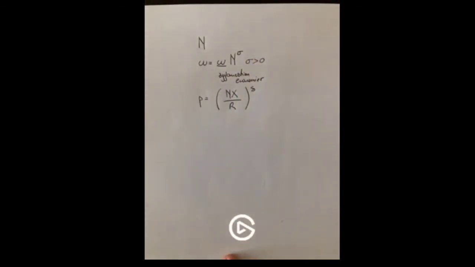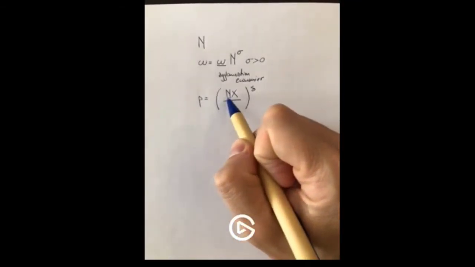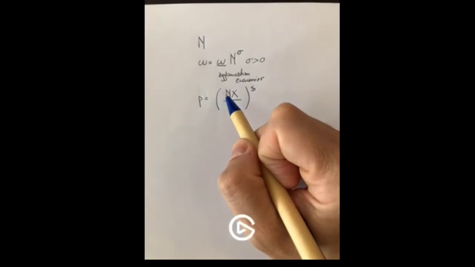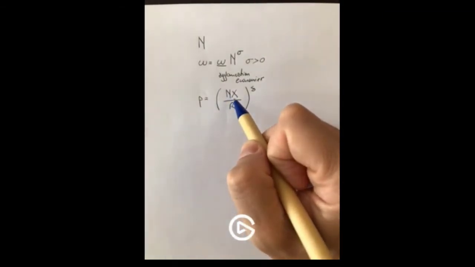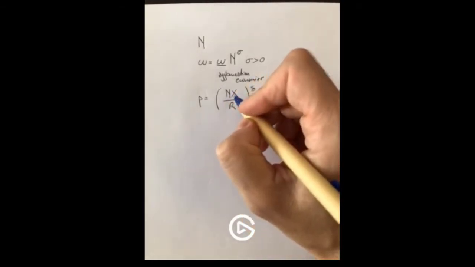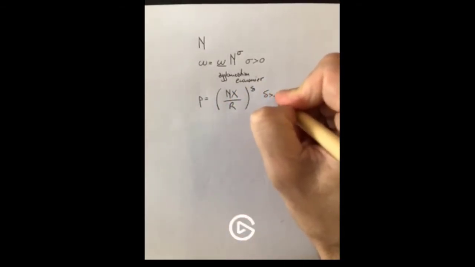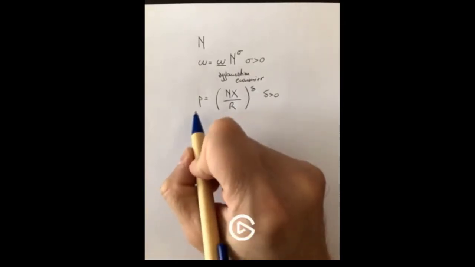Now, the idea here is that as the number of people in the city increases, and as the amount of driving by these people increases, the cost of driving goes up. So here also in this case delta is greater than 0.